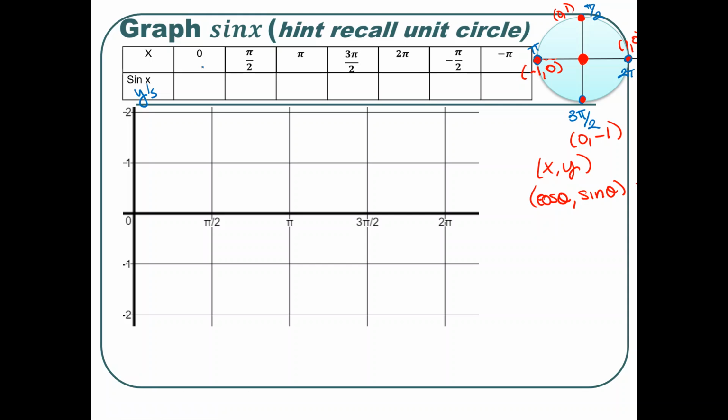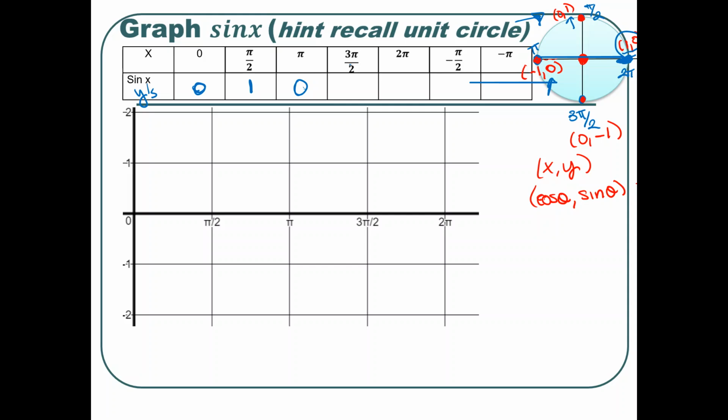So 0 degrees, right here. At 0 degrees, I have this coordinate, and my y is 0. At pi over 2, I'm going to use the y coordinate. The y is 1. And at pi, my y coordinate is 0.